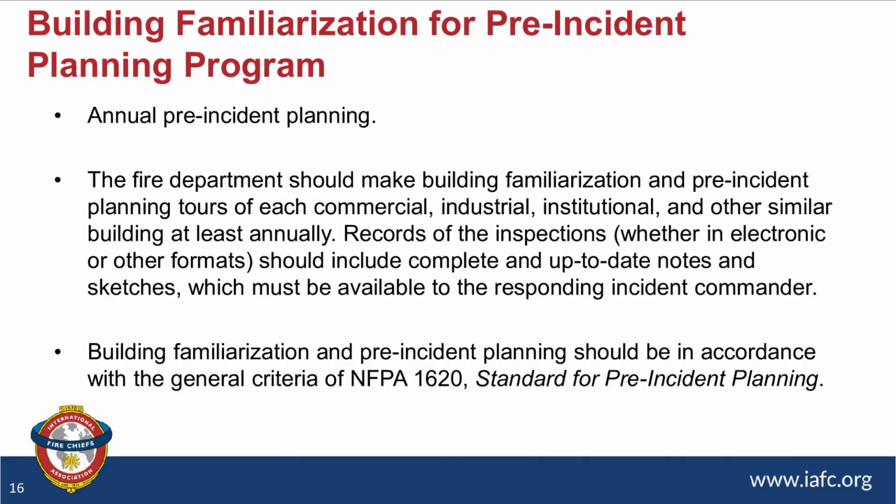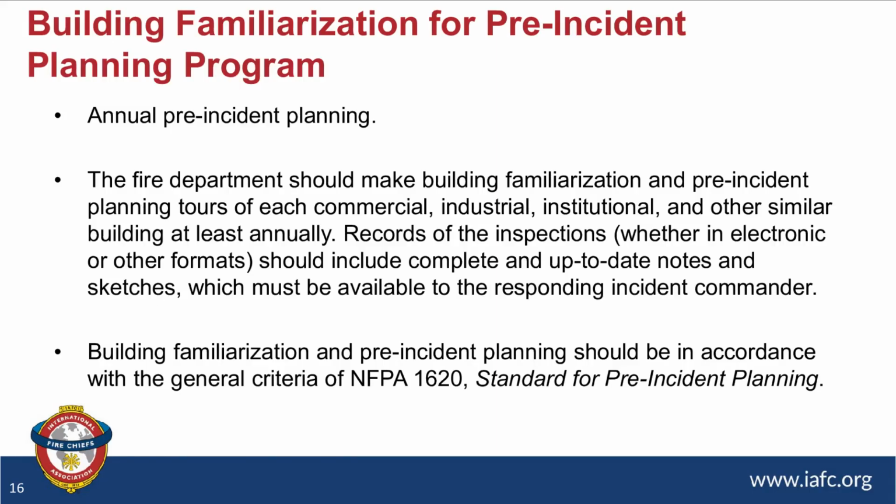Building familiarization pre-incident planning program. So what we are looking for here is that each commercial property receives a yearly update to the pre-plan. This yearly update to the pre-plan should include a sketch of the building. It should include the high hazards of the building.